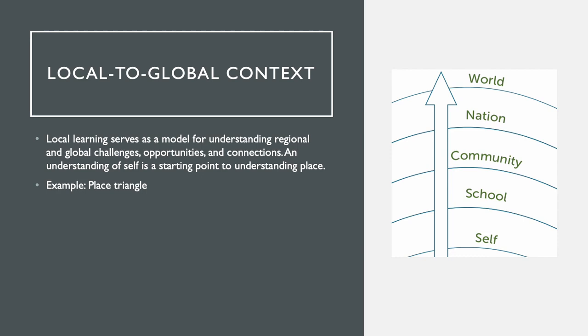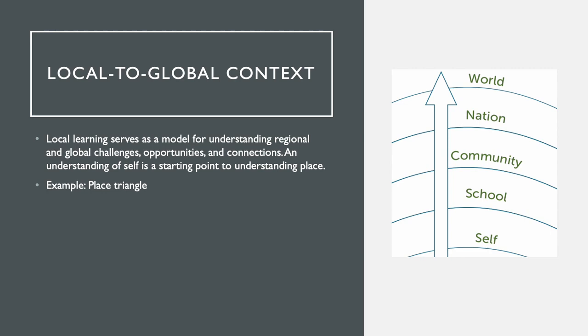To combat this is where the local to global context really plays in. If we talk about self and then school, how does natural resources connect to our school? How does it connect to our community? Are there ways that the community is managing natural resources? Are there ways that we can help with the management of natural resources? All of that plays together with this idea of local to global context, of making sure that we connect it on a smaller scale before we jump all the way up to what's going on in the world.